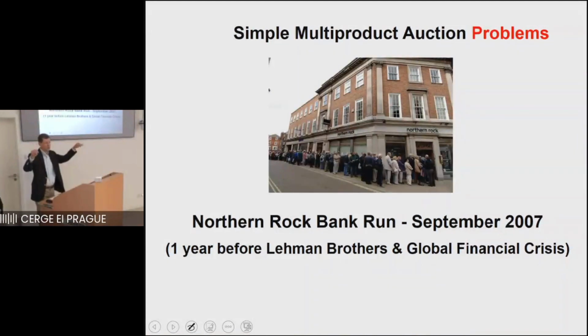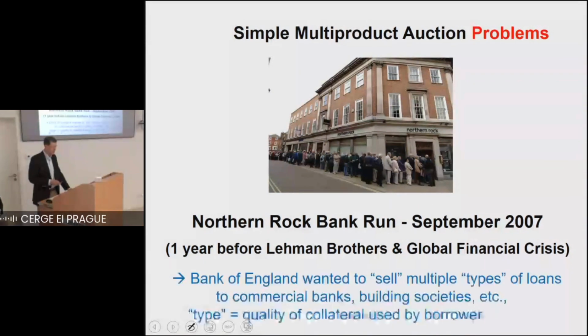They had these so-called toxic assets, mortgage-backed securities and suchlike. So the problem the Bank of England had was how to lend money to people with different qualities of collateral. Some had better collateral than others. So it wanted to sell multiple types of loans, where the type is the quality of collateral used by the borrower. So I got a phone call from the governor of the Bank of England.